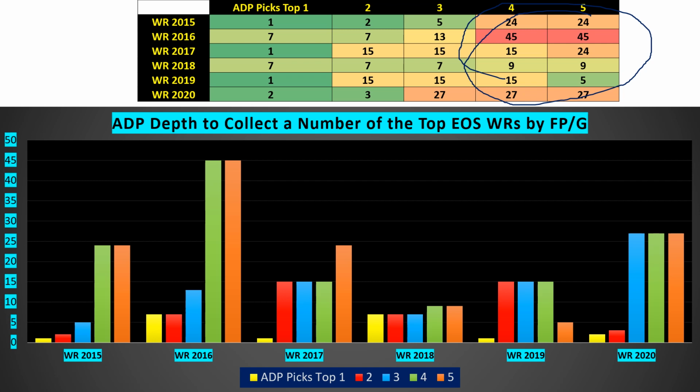So it's multiple ways to look at. Harder to get, but they're there. Okay, it's not like, oh, you're wasting your time. You're not wasting your time. Probably after the 30th ADP, you probably are, as far as getting that top 5 wide receivers. Just probably not going to be there. Okay, very rare.